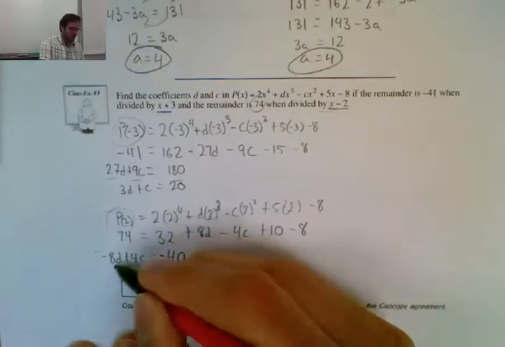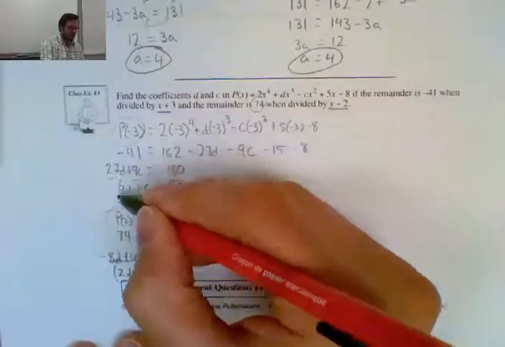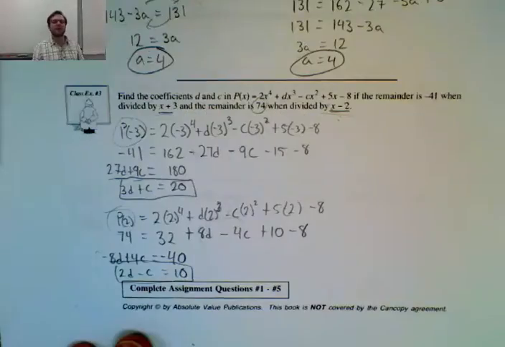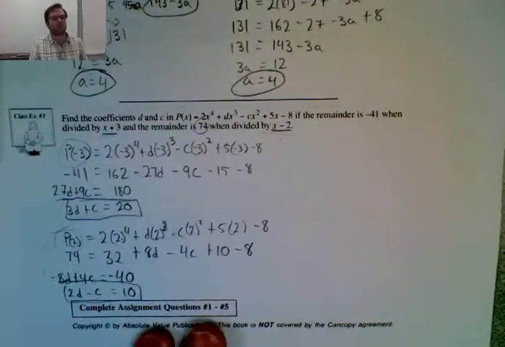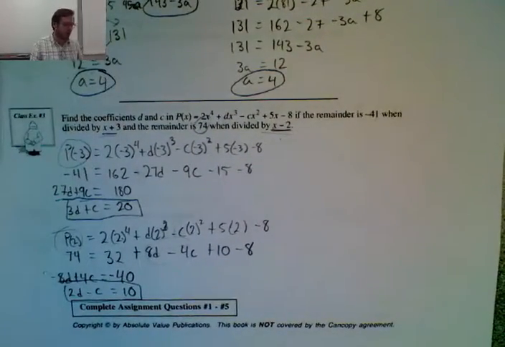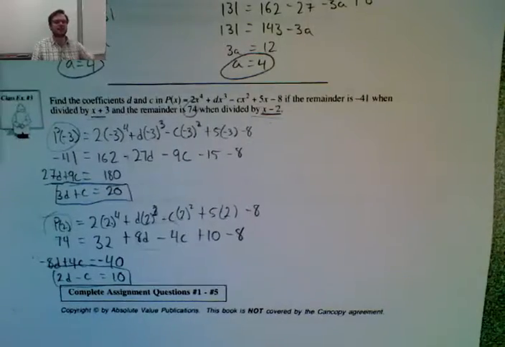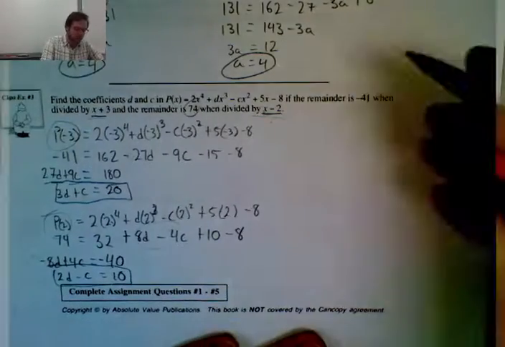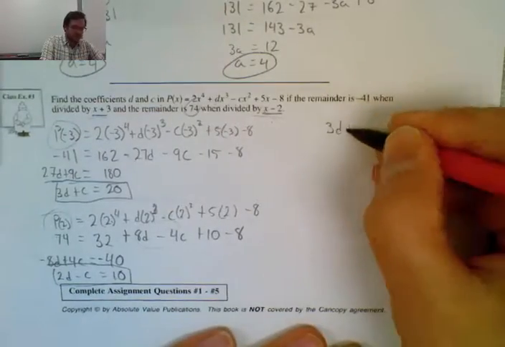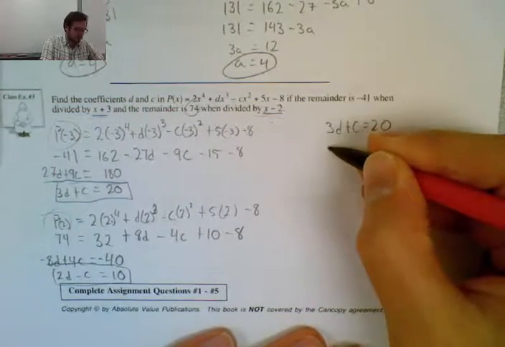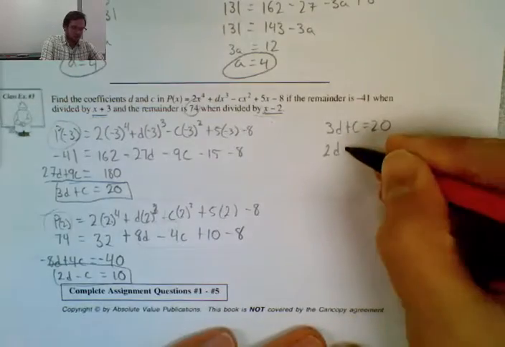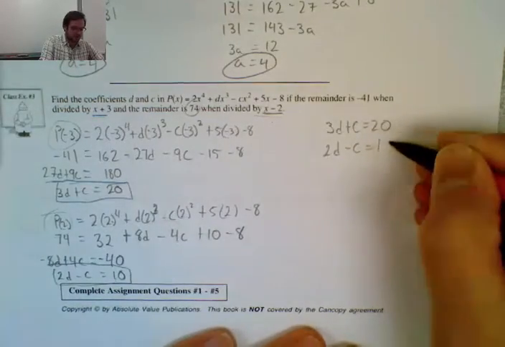Now I have my two equations. One equation here, one equation here. And I could use either substitution or elimination to get rid of a variable and solve for one variable. I'm going to use elimination here, the adding and subtracting of the two equations. So we have 3d plus c is equal to 20. And then we're going to put underneath 2d minus c is equal to 10.